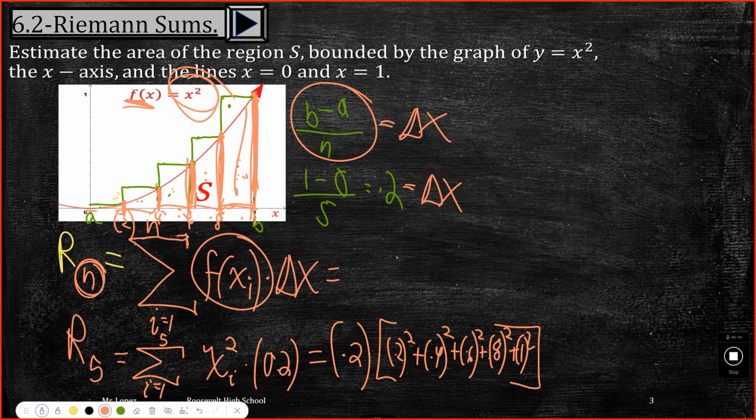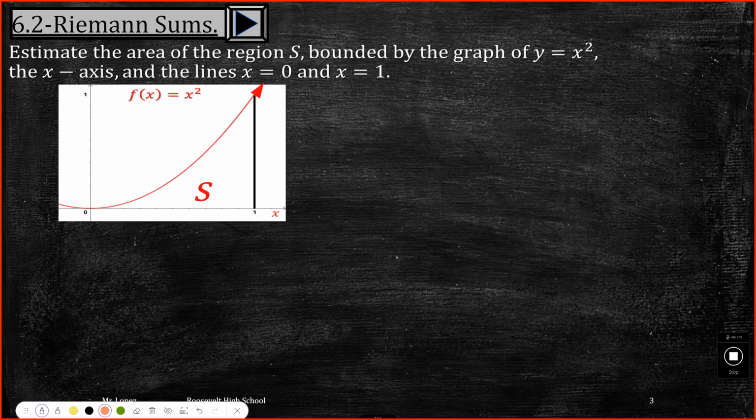0.44. That's basically the idea here. Why don't we do it for 1,000? I just thought about it. How are we going to do it for 1,000 and put it in a calculator though? It's going to take the whole day.